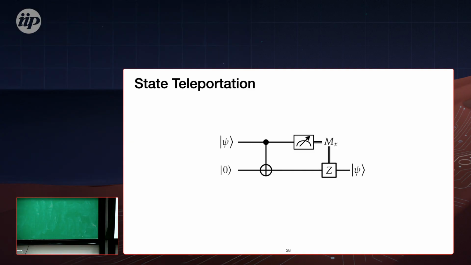We start with psi times |0>, which we can, in most generality, expand to alpha |0,0> plus beta |1,0>.